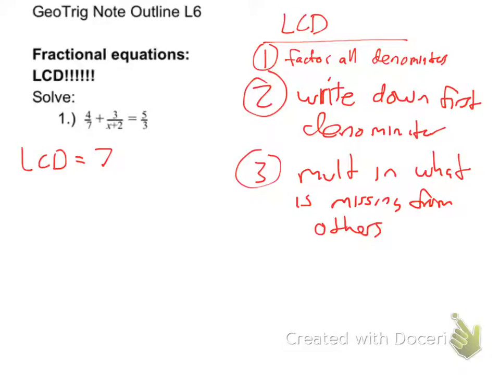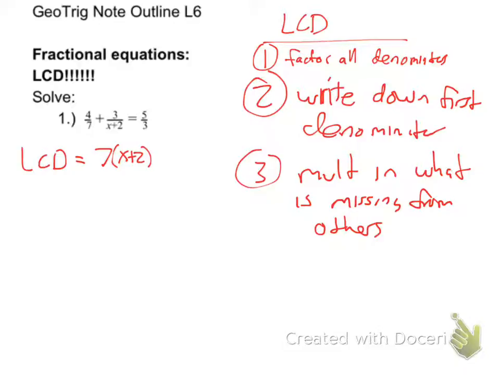So, what does it mean? I look at x plus 2. Is x plus 2 a 7? No. So therefore, when I go to my LCD, I have to do x plus 2 there. I am multiplying it in. It's not there, so I multiply it in.